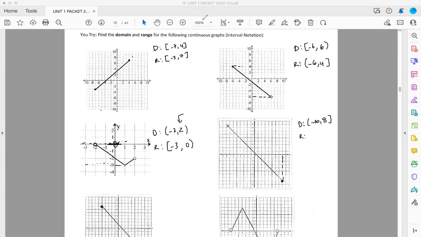And for the range, what is the lowest y value? The lowest y value is here, which is negative 8, I believe. And the graph goes all the way up. So negative 8 is included, negative 8, and then comma infinity, not included. This is an example of domain and range. Just be careful in how you represent them.